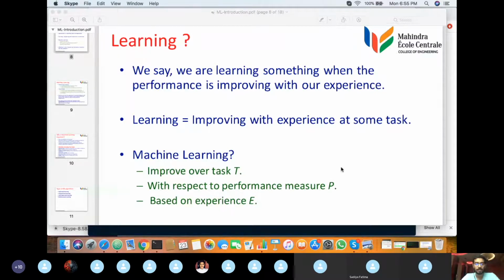Okay, so that's the only place where learning is happening. So learning is basically your optimization part. And when I say optimize, that's exactly what's given here as well. We say we're learning something when the performance is improving with our experience. So essentially, as I mentioned, if we take just one data point, one particular row, the computer is not going to understand a lot of things.